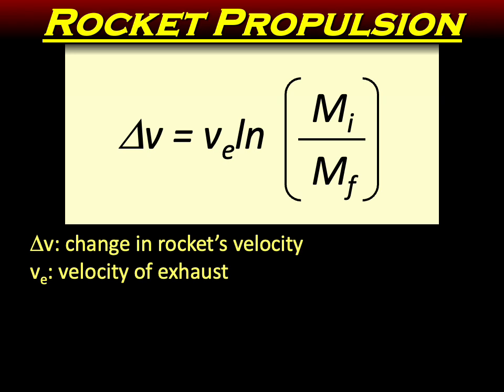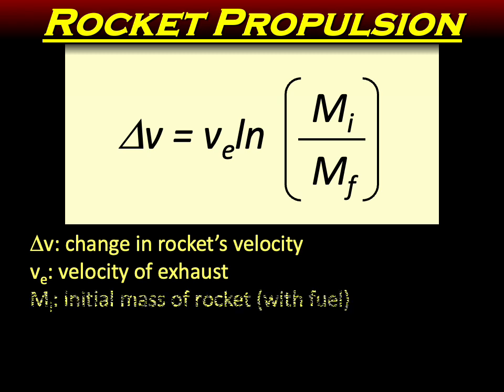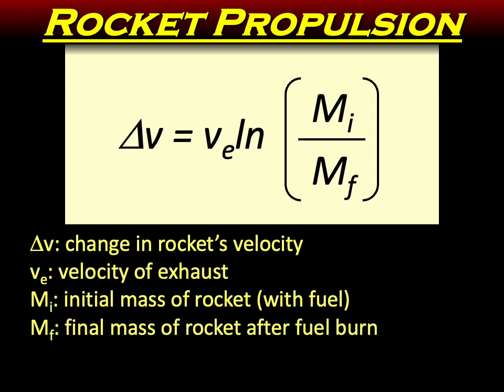Well, if you look at what's inside that natural log, there are a couple of M's. M means mass. So it turns out it's the ratio of the initial mass of the rocket and everything, including the fuel, and the final mass. What it's just looking at is when you start off with a certain amount of mass, that initial mass, that doesn't give you as much of a change in velocity because more mass is hard to move.